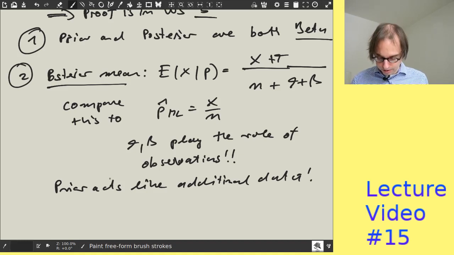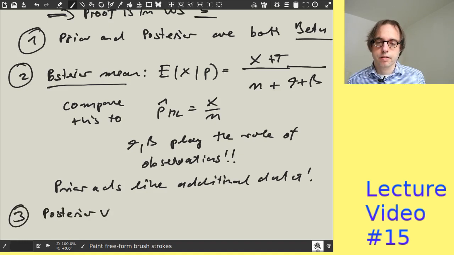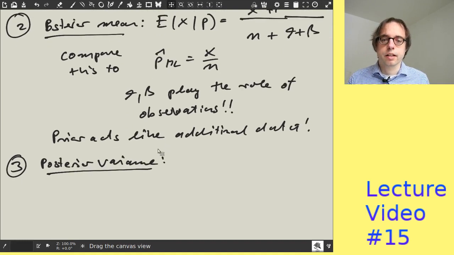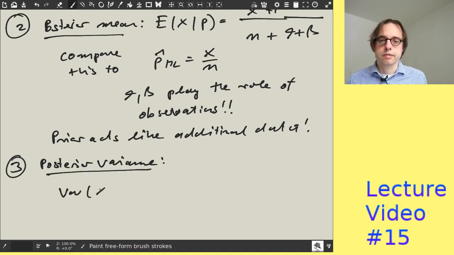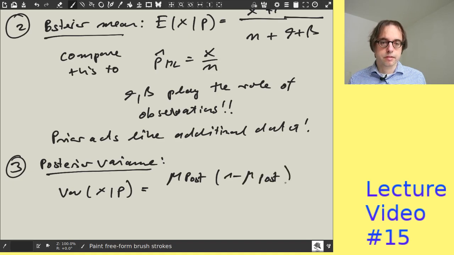So we can also write down the posterior variance. The posterior variance is the variance of p given x, and that turns out to be mu posterior times 1 minus mu posterior divided by n plus alpha plus beta plus 1.